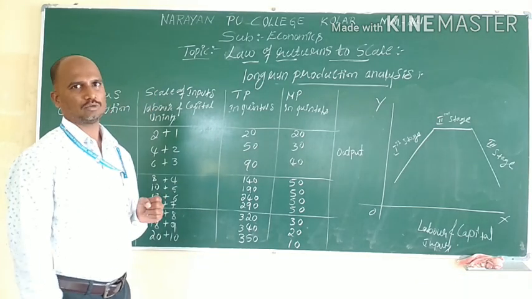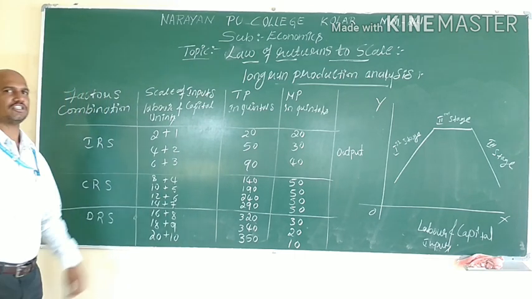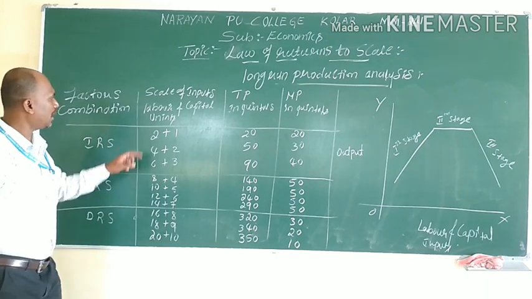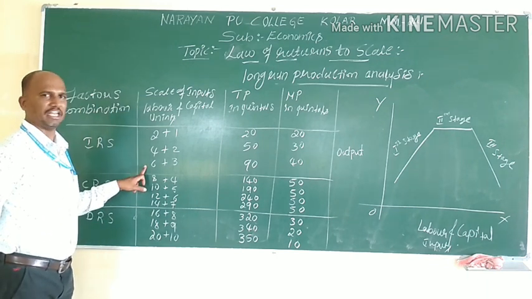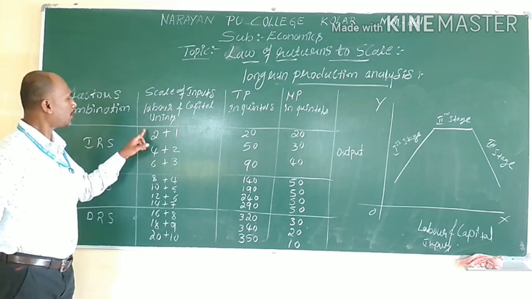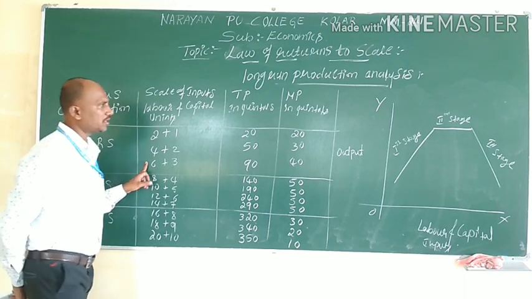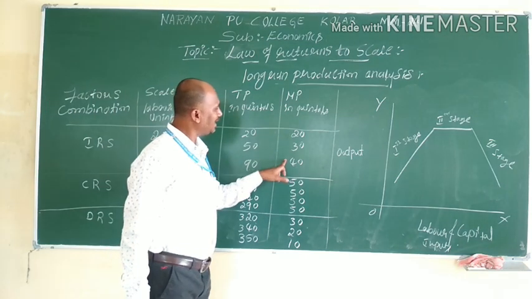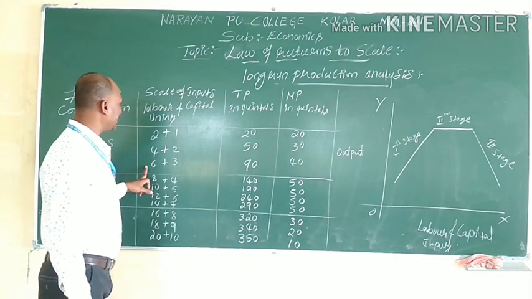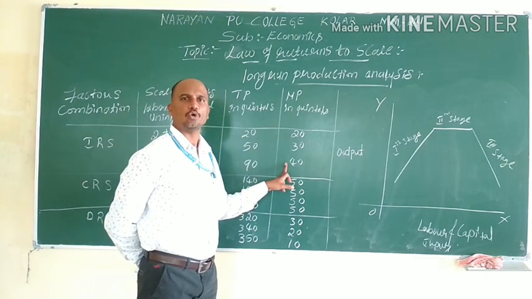What does it explain? First one, increasing returns to scale. You can observe proportional increases in the inputs, proportional increases in the output.